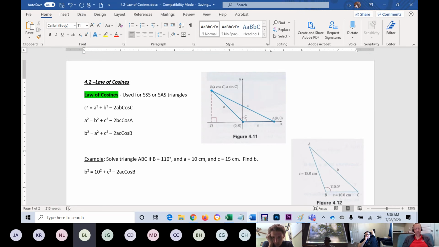So 10 squared plus C, which is 15, 15 squared minus 2 times 10 times 15 times cosine of 110. Okay, so this is pretty easy, right? So far, if we do that, we should get b equals 20.7 centimeters.